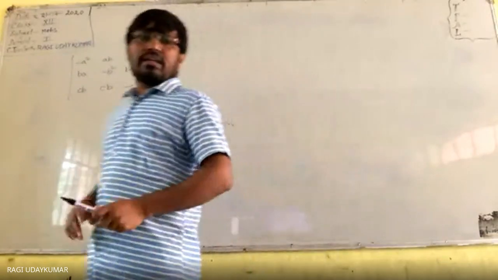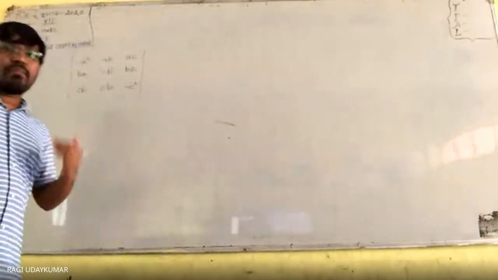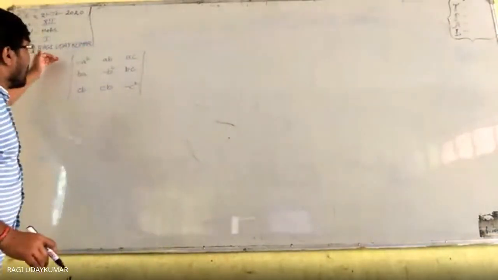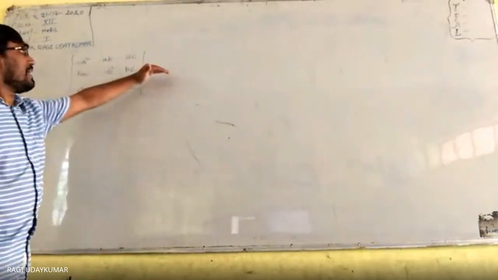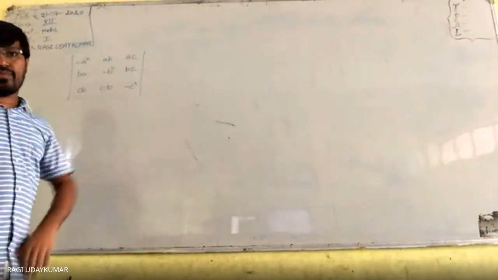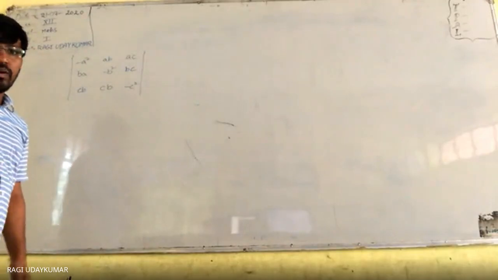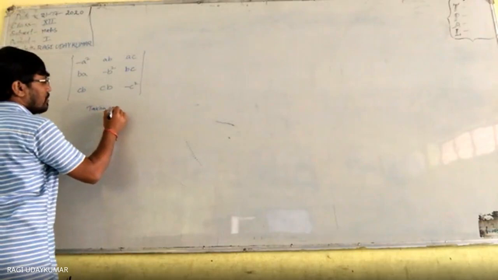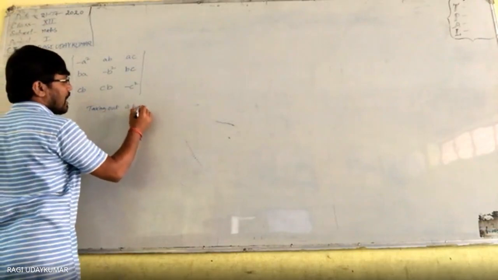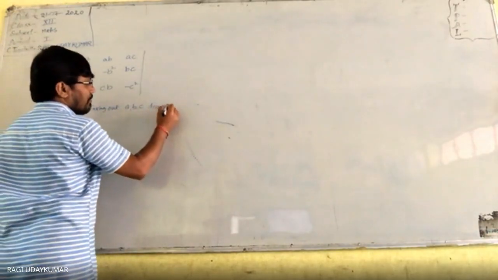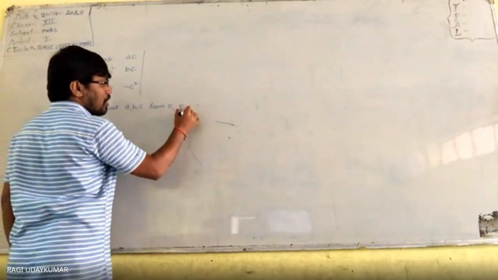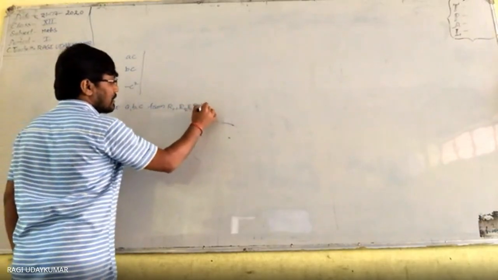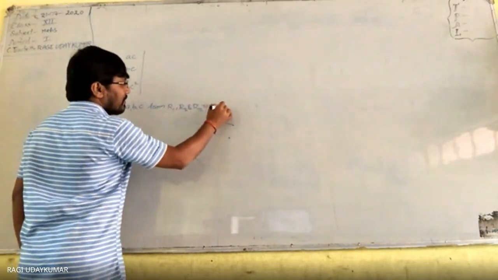See here, taking out the factors a, b, c from R1, R2 and R3 respectively.